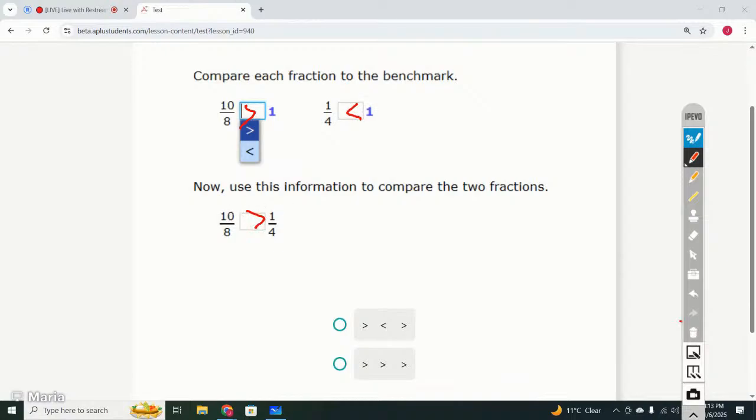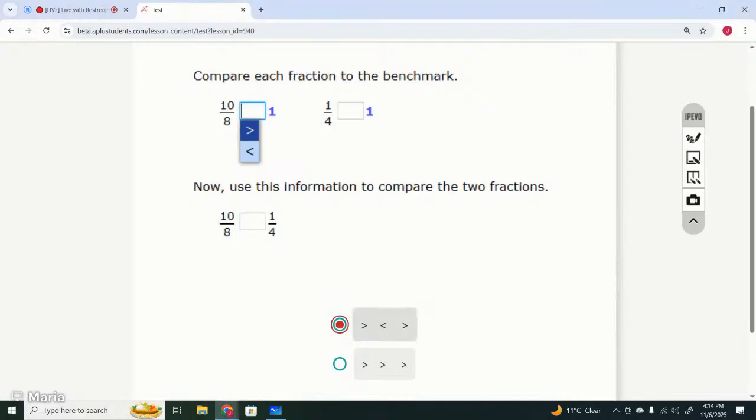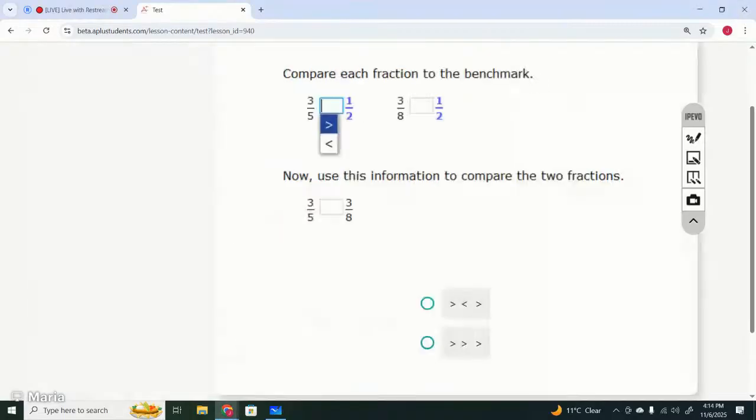So 10 by 8 is greater than 1 by 4. Option number 1 is the correct option.